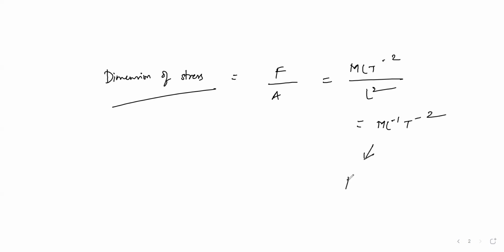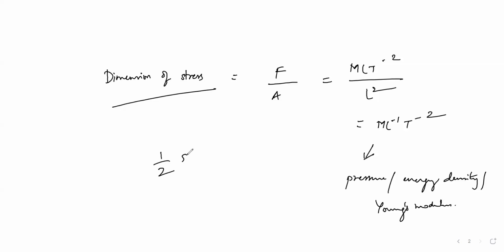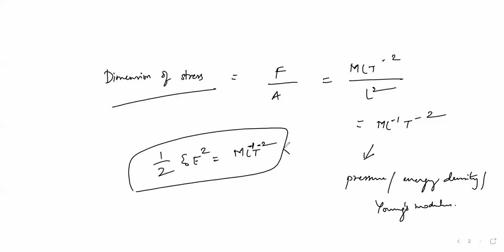This will be the same for pressure, energy density, Young's modulus also. So half epsilon naught E square will also be equal to ML inverse T power minus 2. Okay. Same thing, energy density.